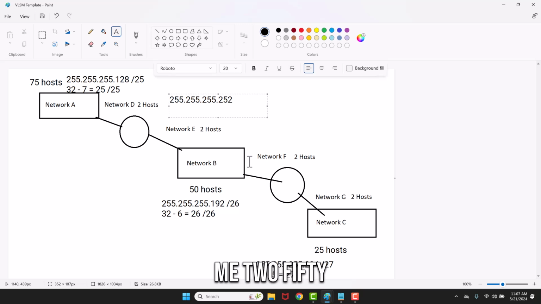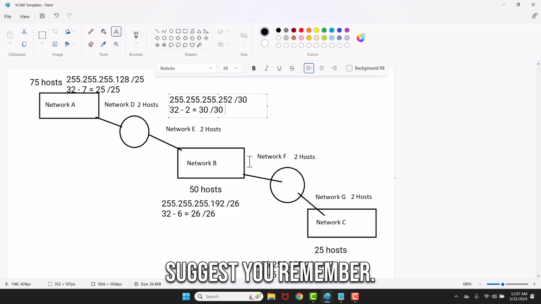That gets me 252, which is a /30. There are 30 consecutive ones in this subnet mask. So if I take 32 and subtract the two places that aren't turned on, it will give me 30. And this is another one I suggest you remember. Anytime you only ever need two hosts, it's always going to be /30.